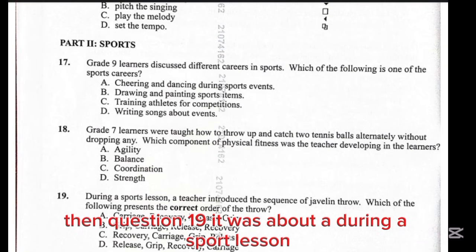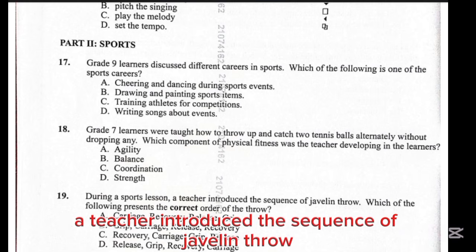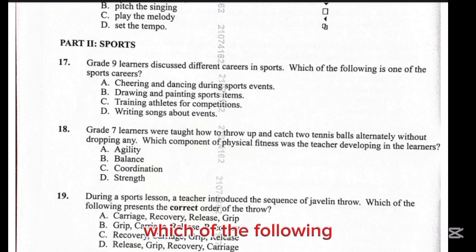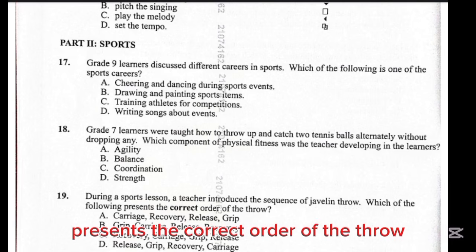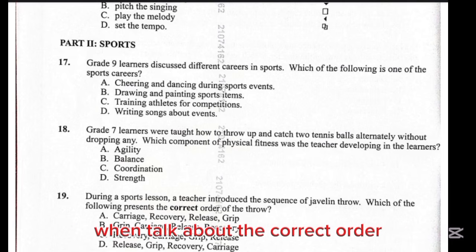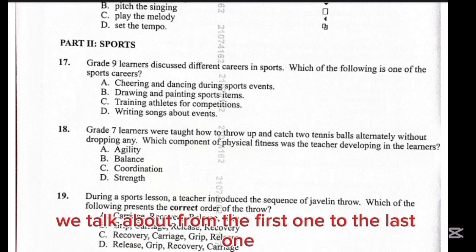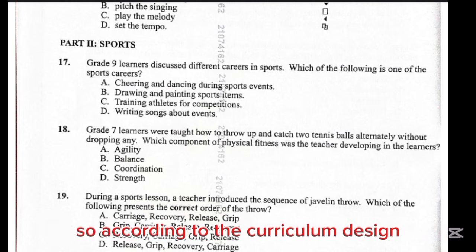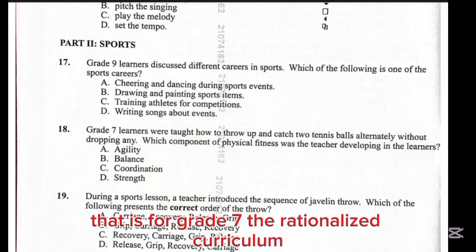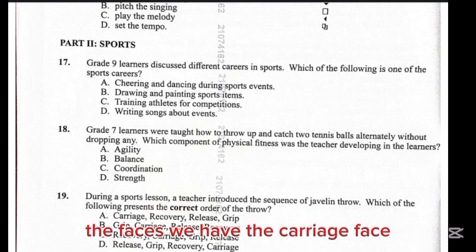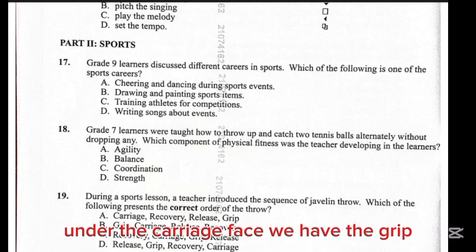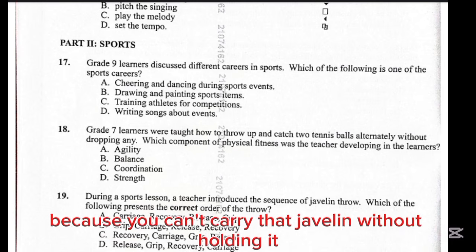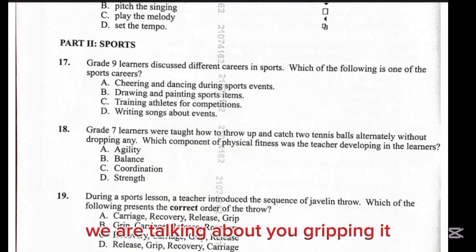Then question 19 was about a teacher who, during a sport lesson, introduced the sequence of javelin throw. Which of the following presents the correct order of the throw? When we talk about the correct order, we talk about from the first one to the last one. According to the curriculum design for grade 7, the rationalized curriculum, the phases are: the carriage phase, under which we have the grip, because you can't carry that javelin without holding it.